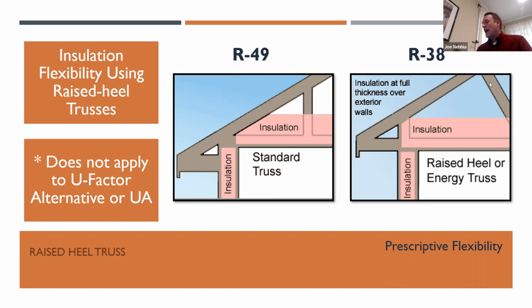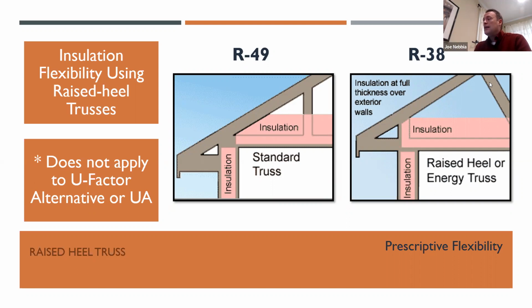And the code allows some flexibility there. So let's say climate zone 3 for this example. If R49 is what the code requires, it also says that if I install a raised heel truss, so that's a higher heel at the truss, I can get more insulation uncompressed. And I want to keep that insulation uncompressed because as I compress it, it loses some of its R value. And I'll talk more about that in module 5.